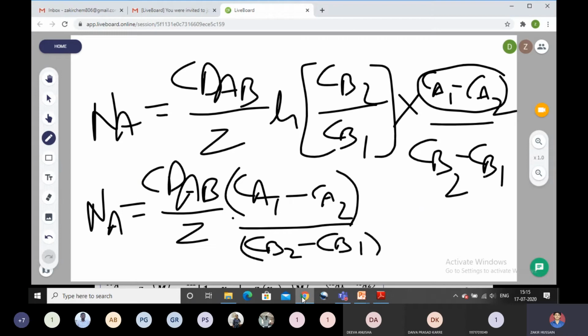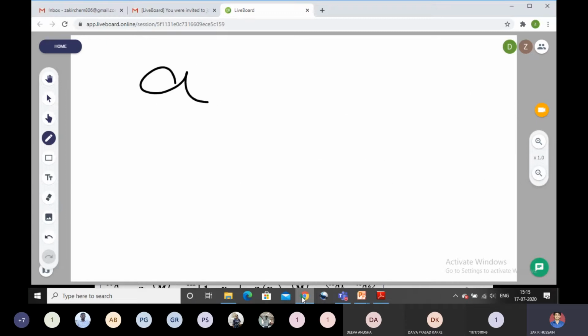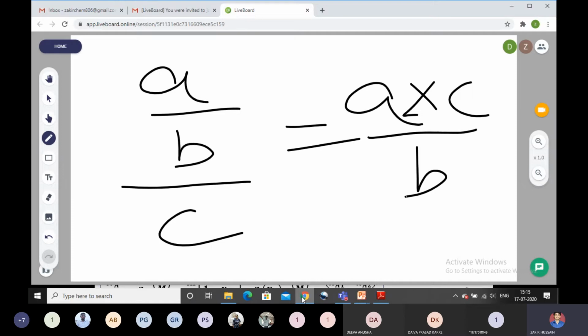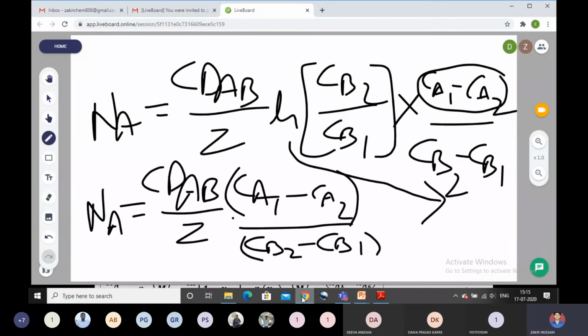Since this is in the numerator, we can transfer it to the denominator of that denominator. Why are we writing like this? If A by B is divided by some C, the end product is A by C divided by B. Using this law only, we are writing that CB2 minus CB1 is divided by ln CB2 by CB1. I am writing it clearly in the next slide.